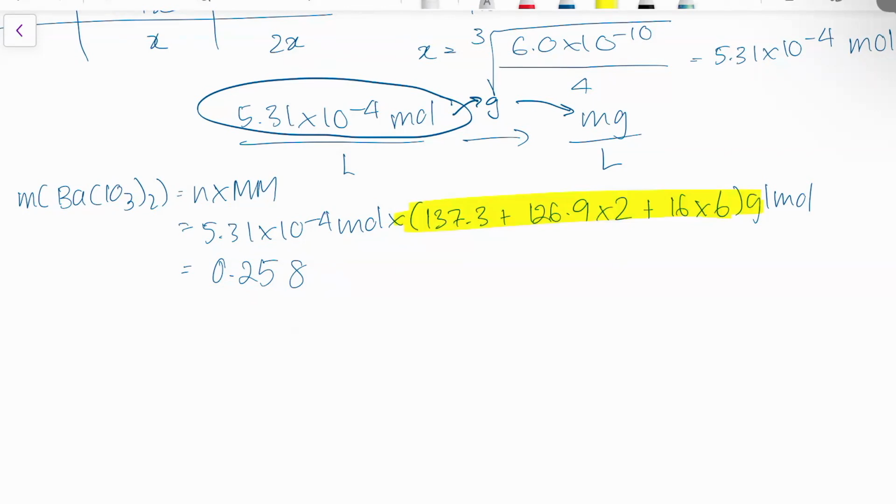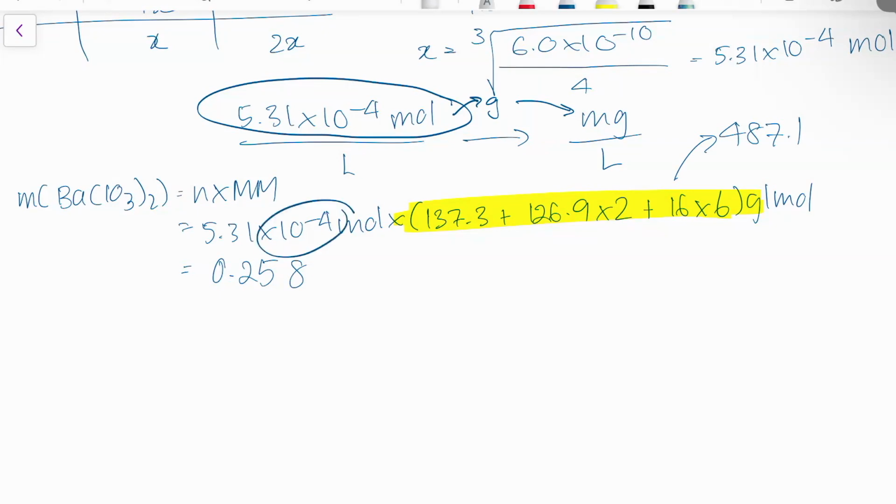That's 487.1. Okay, maybe it is about right. So 487.1 times 5.31 times 10 to the minus 4 is 0.258. Yeah. Okay, that's a pretty decent number.